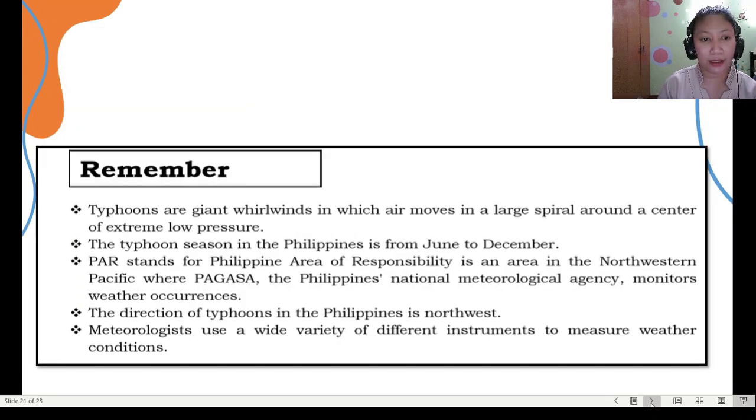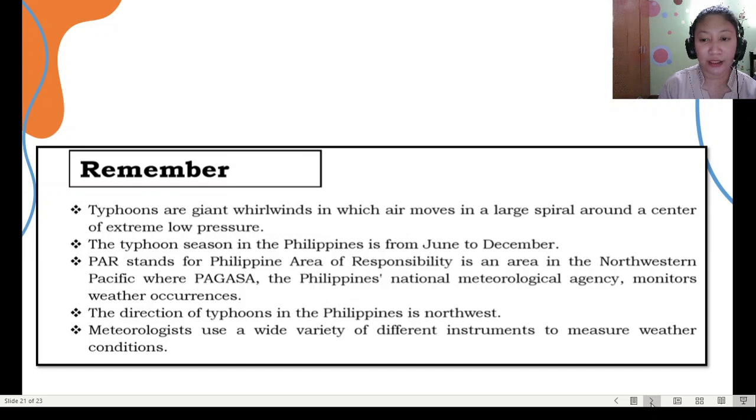Then, do not forget, typhoons are giant whirlwinds in which air moves in a large spiral around a center of extreme low pressure. So, nagsisimula siya sa low pressure. The typhoon season in the Philippines is from June to December. PAR stands for Philippine Area of Responsibility.